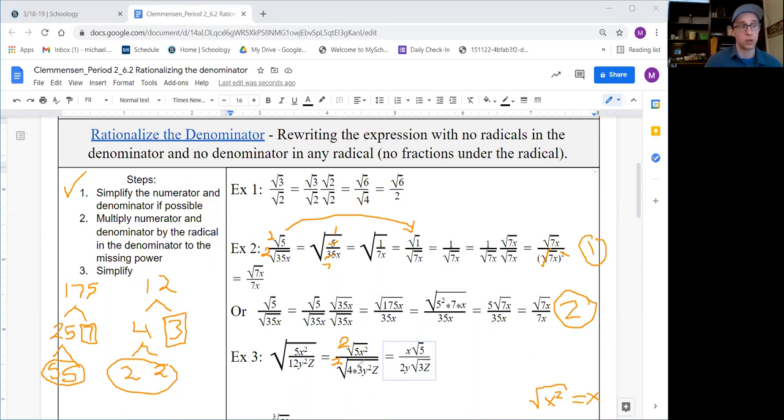And then I can also square root that y squared the same way we did before, because the square root of y squared is just y. Because again, those two cancel out. So we're just left with y in the denominator times the square root of 3z. Right?